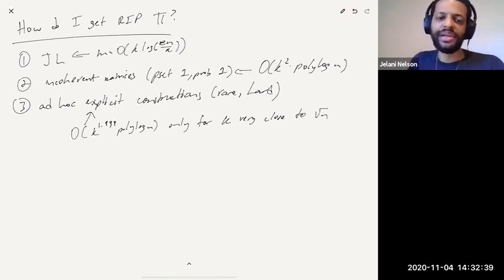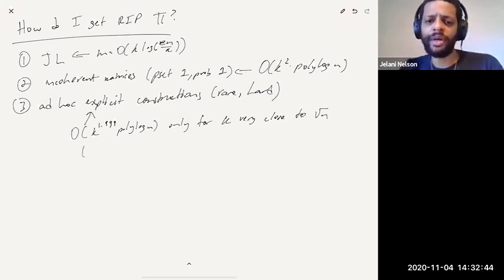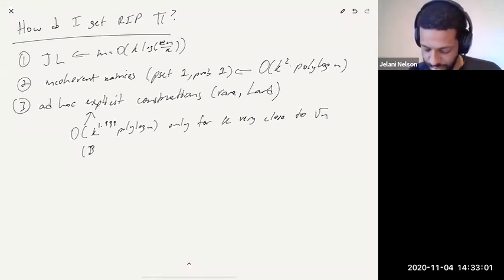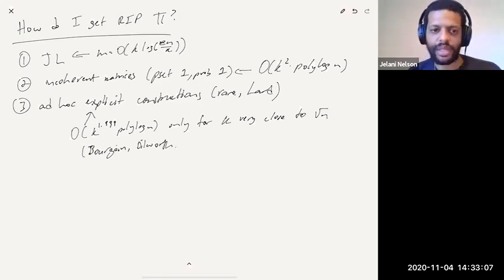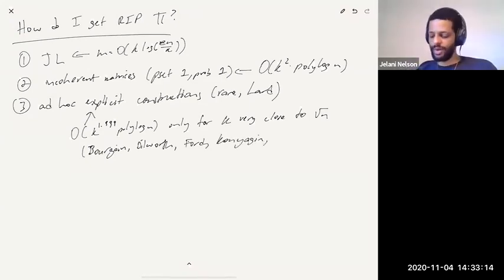And I'll say a little bit about this, but that paper, let me give the reference. It was a bunch of people who do a lot of pure math, some of whom were number theorists. That's Bourgain, Dilworth, Ford, Konyagin, as well as Kutzarova.